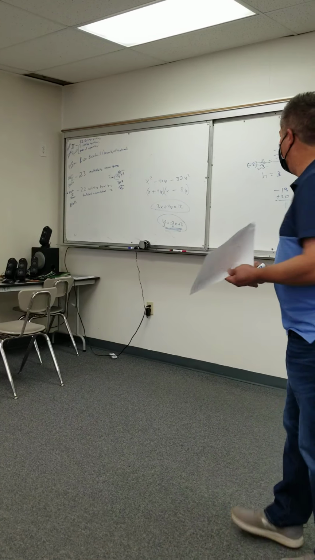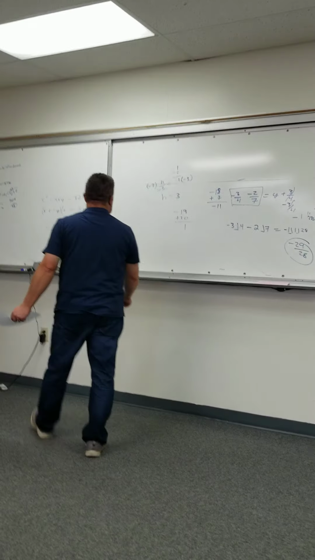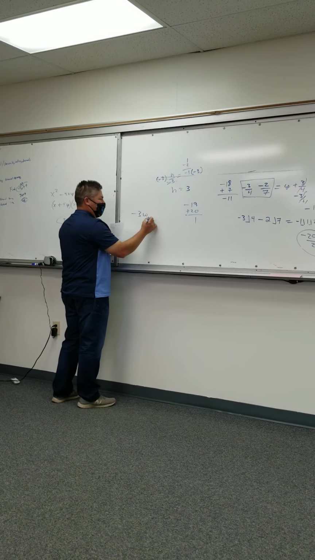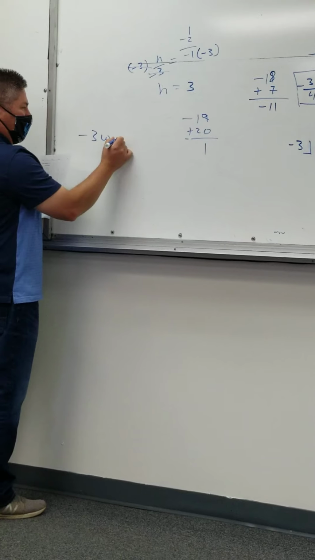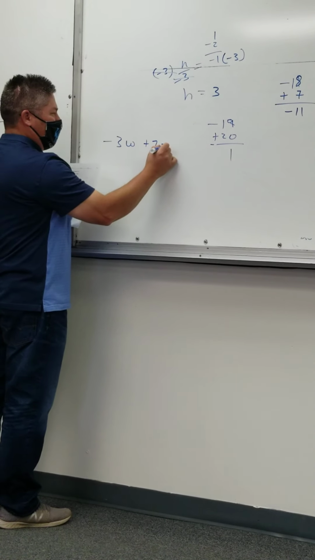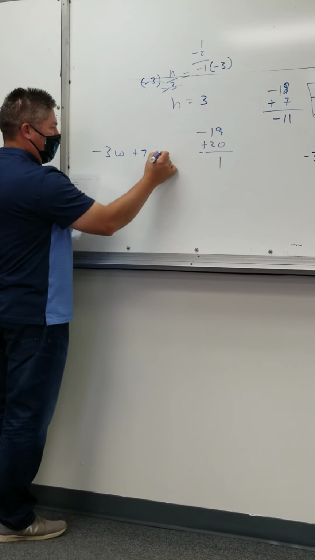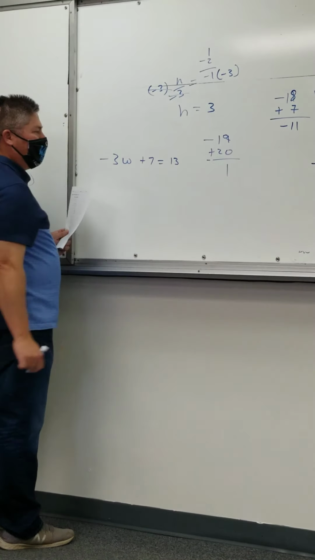Do the math. See, here's what I see kids do. It kind of upsets me because I get mad. Let me show you a problem here. So let's say I got negative 3w plus 7 equals, let's say 13. Okay?